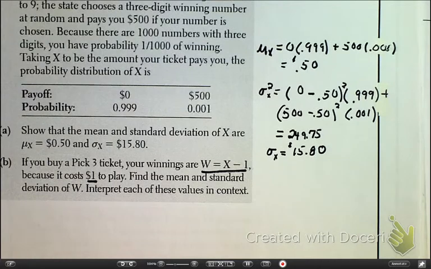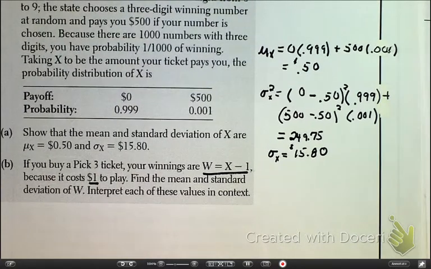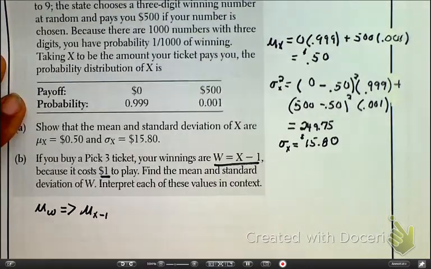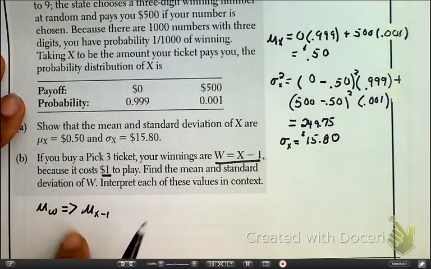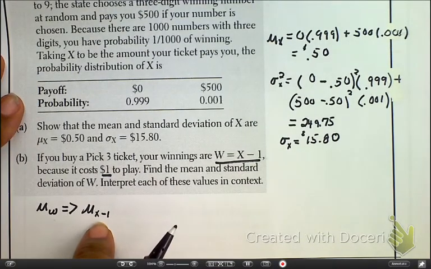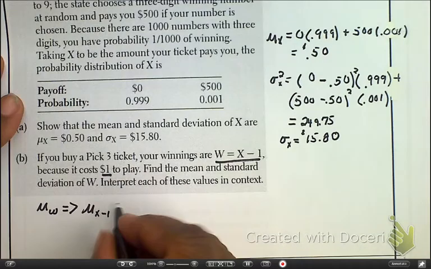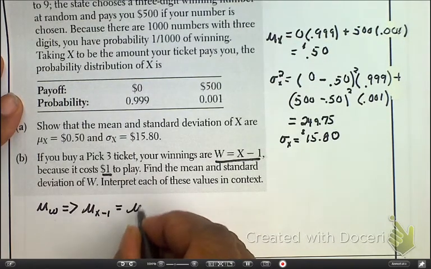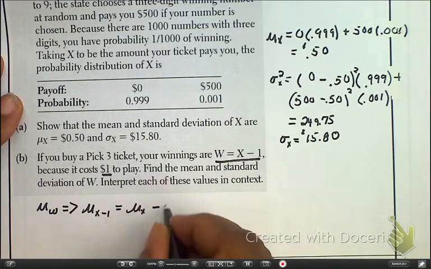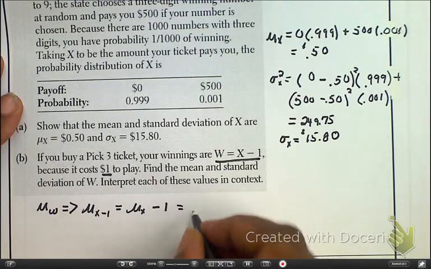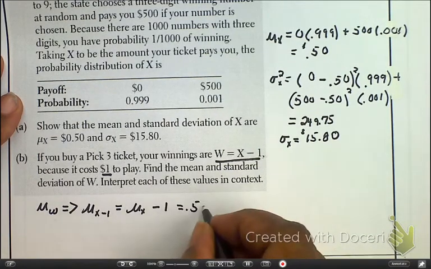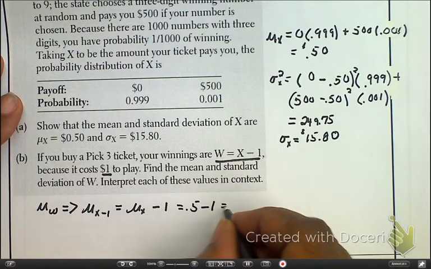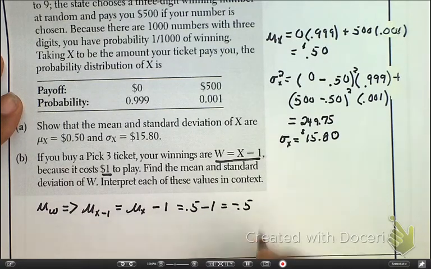So what does that mean? That means I'm going to do the following. That mu sub winning is going to equal mu sub x minus 1, which is your 0.5 minus 1, which is going to give me a negative 0.5.